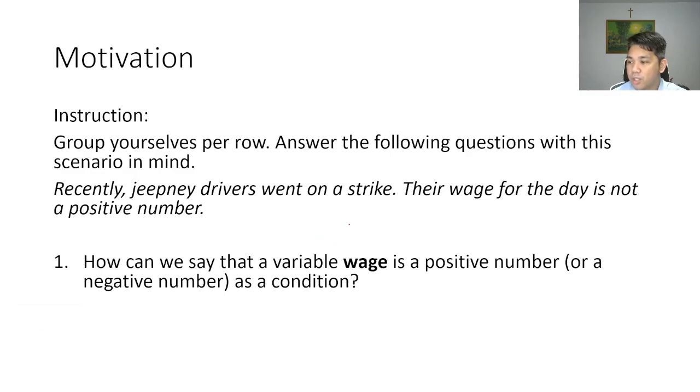Now, to say that a number or a variable can be positive or negative is by using relational operators to compare it with a value 0. So any number that is greater than 0, that is positive. Any number that is less than 0 is negative.